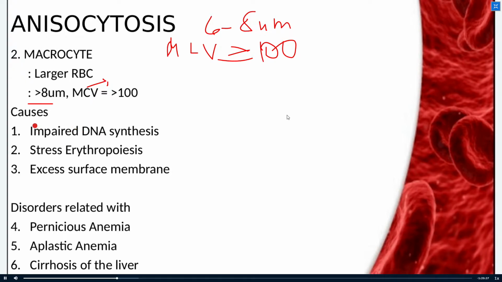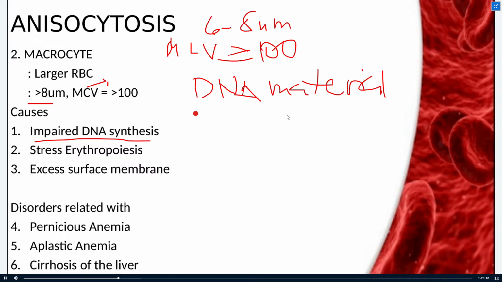Now, this is often caused by impaired DNA synthesis. Whenever there are problems with the DNA material of your RBC when they are young, that could lead to your macrocyte.